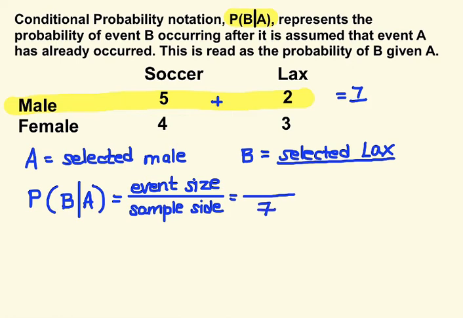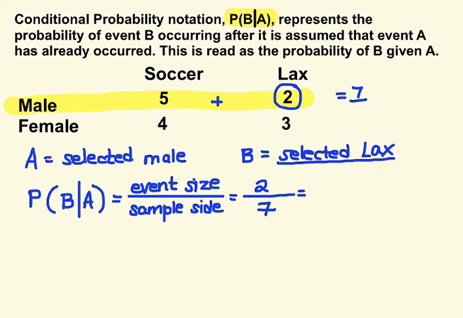And the probability that we would select a lacrosse player from these 7, well, there are 2 lacrosse players, so there are 2 possible ways we could select a lacrosse player, which means the probability of selecting a lacrosse player, given that we've already selected a male from our set of male and female soccer and lacrosse players, is 2 over 7.